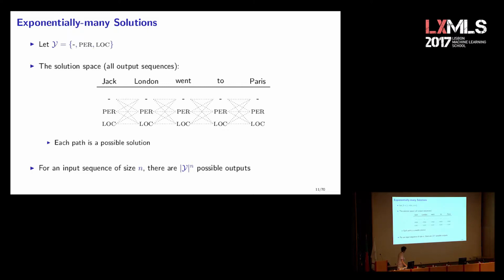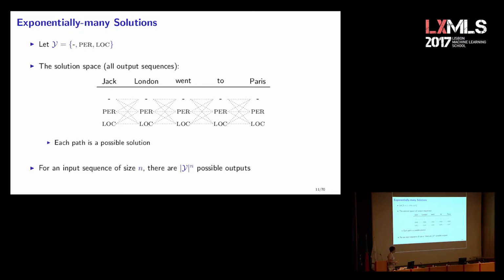The first thing we need to do is to understand what the output space is. For a very simple example like we saw before on named entity extraction, let's say that the set of output labels only has 3 labels: this is a location word, this is a person word, and this is a word that means that it's not an entity. Let's say that we have an input, Jack London went to Paris. What is the solution space?